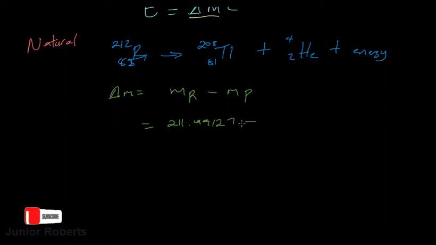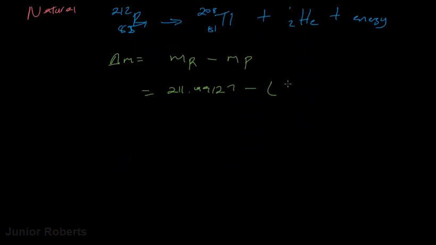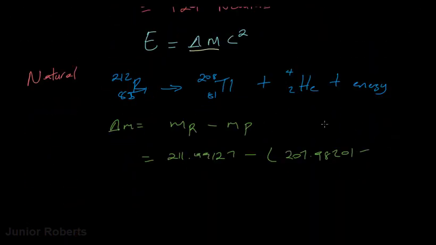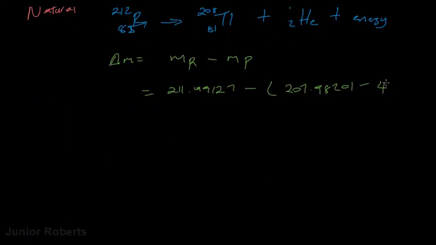And we will subtract from that the mass of the products, which is thallium and helium. So we're going to look back at our table. The mass of thallium is given as 207.98201, minus the mass of the helium atom, which is given here as 4.00260.